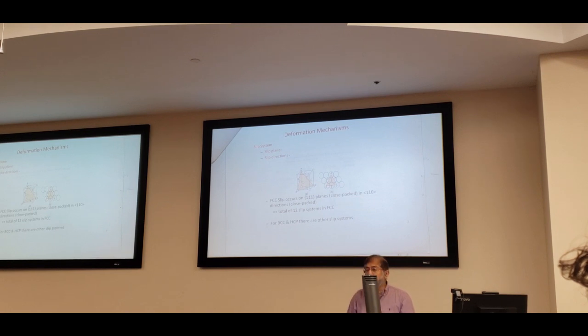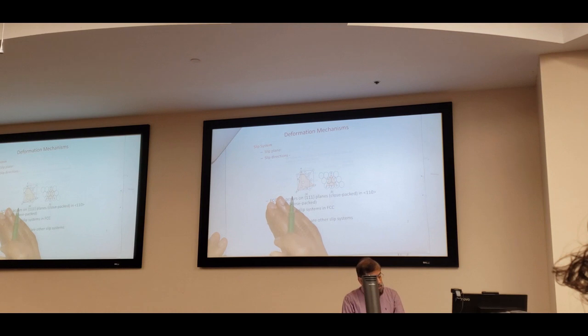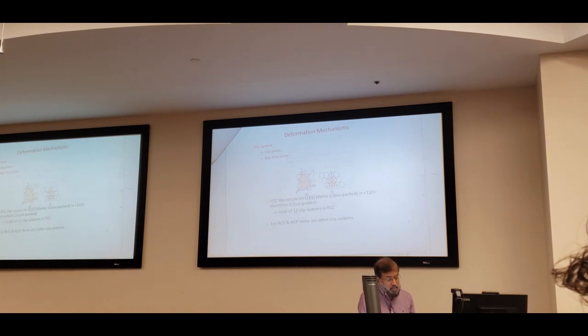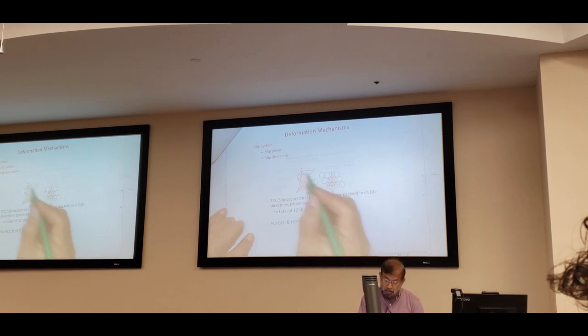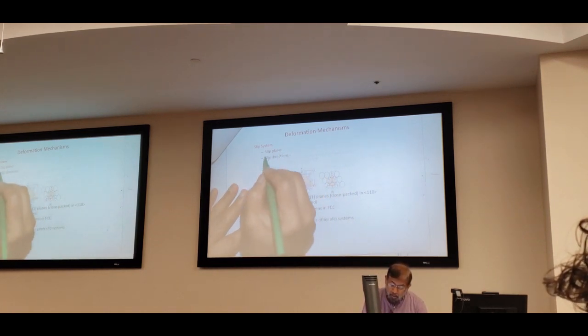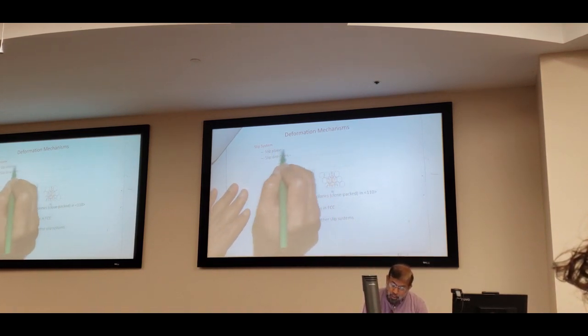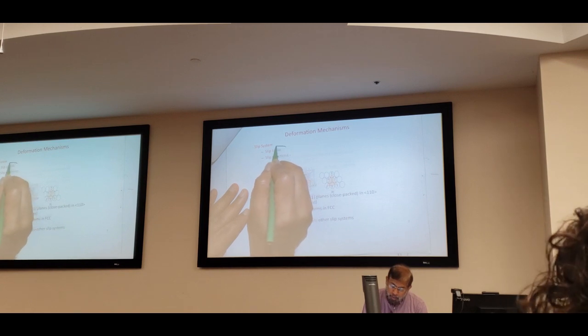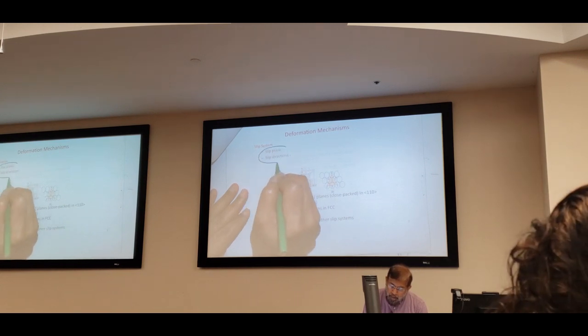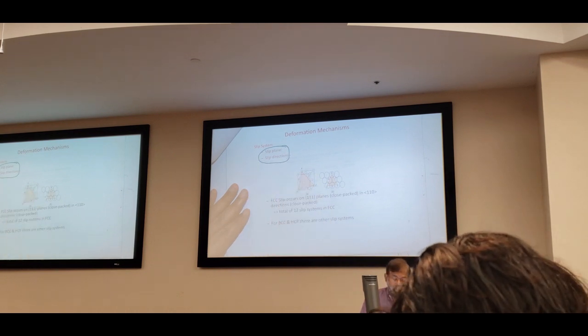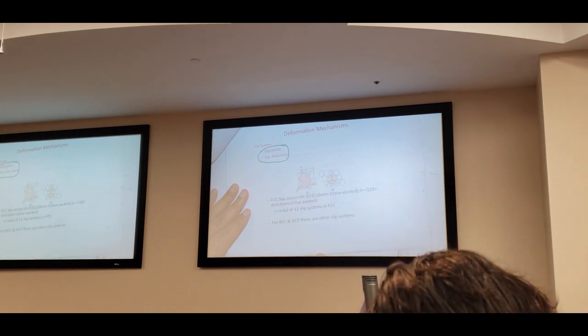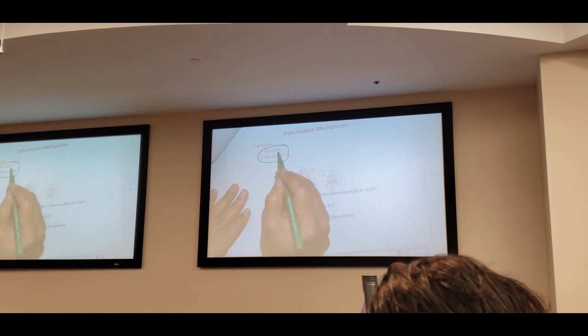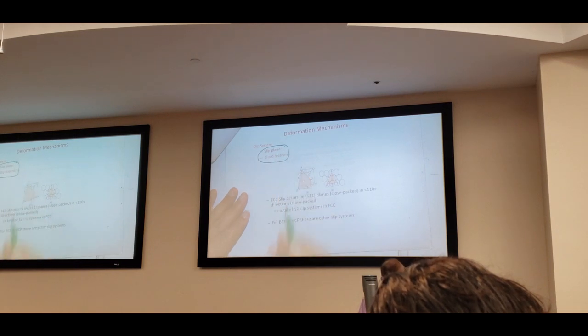Now, a slip system. So, what is a slip system? A combination of the slip plane and slip direction. So, that is very good. It is a combination of slip plane and slip direction. That is a slip system. So, slip plane is the preferred plane along which dislocation motion occurs.